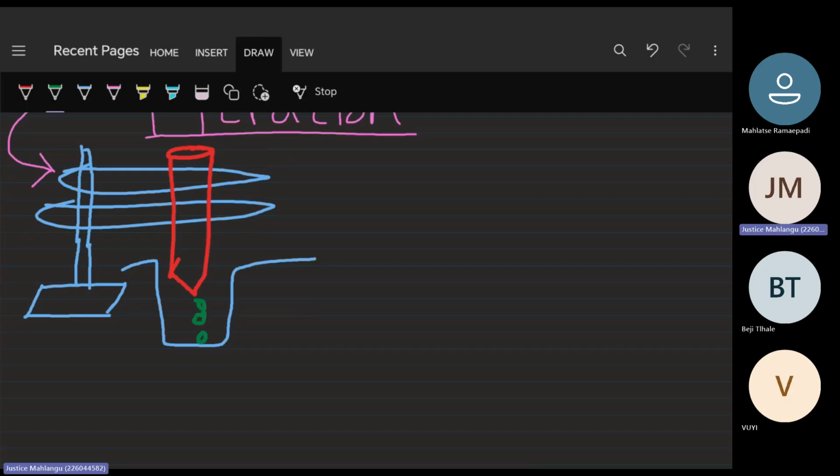Because at the bottom here, we were having the excess nitric acid. We just took the 50 cubic centimeter of the excess nitric acid. So what we're having here is the nitric acid.